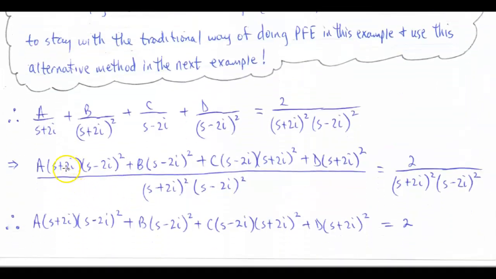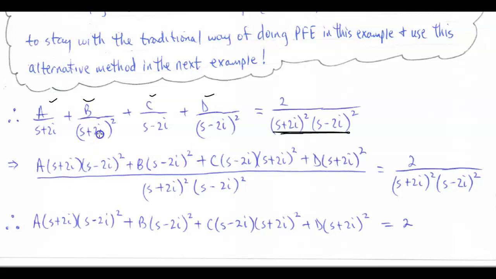And of course, to get this big quotient here, we need a common denominator, so we're seeing what each term is missing. This first term, since this is just s plus 2i, is missing another s plus 2i, and then 2 s minus 2i's, so I put that in the numerator for it.